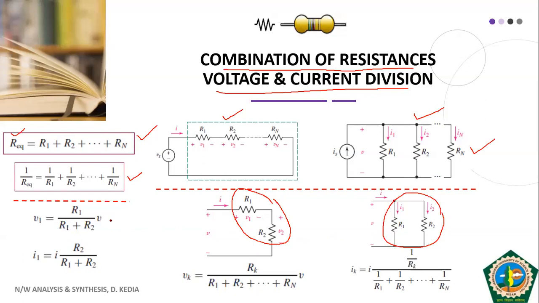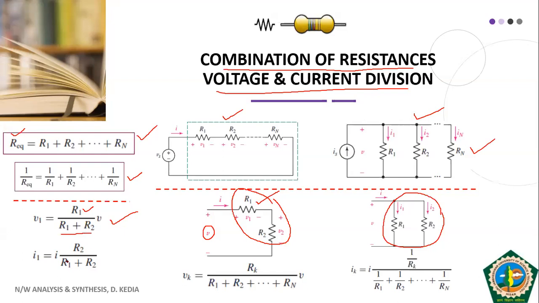This is the very simple voltage divider formula you all know. If you want to find the voltage across R1, and you have the total voltage V, it will be R1 upon R1 plus R2. So the resistance across which you want to find the voltage value will be the numerator, and the total resistance will be in the denominator.